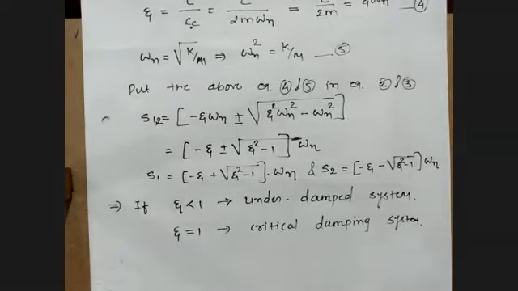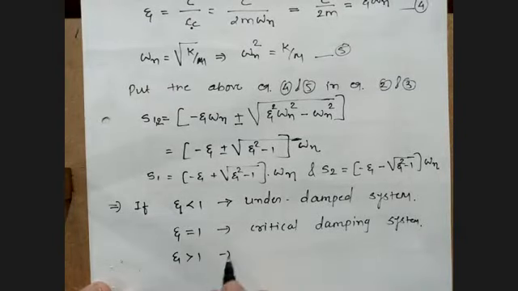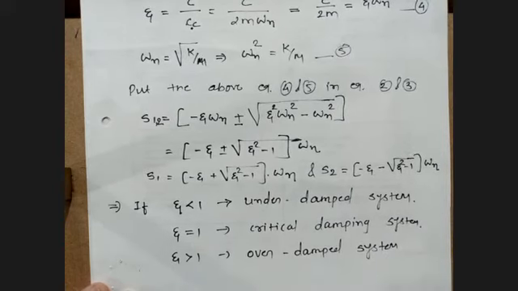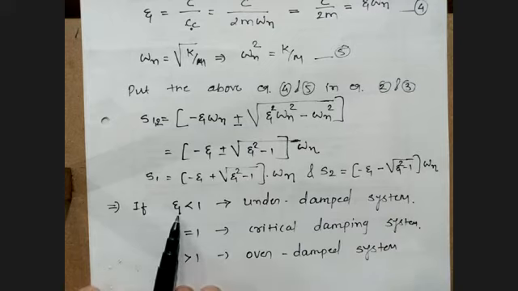And at last, if zeta is more than 1, it is called an overdamped system. Okay, so here there are three different cases. Case number 1, if zeta is less than 1, that is an underdamped system. Zeta equal to 1 is a critically damped system, and zeta more than 1 becomes an overdamped system, right?